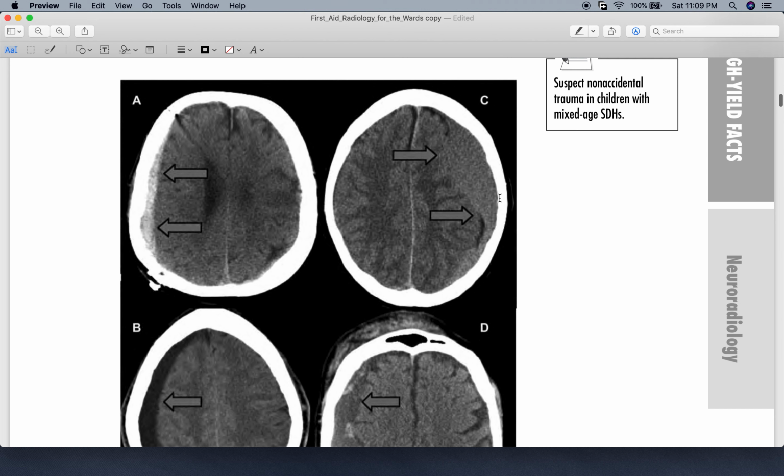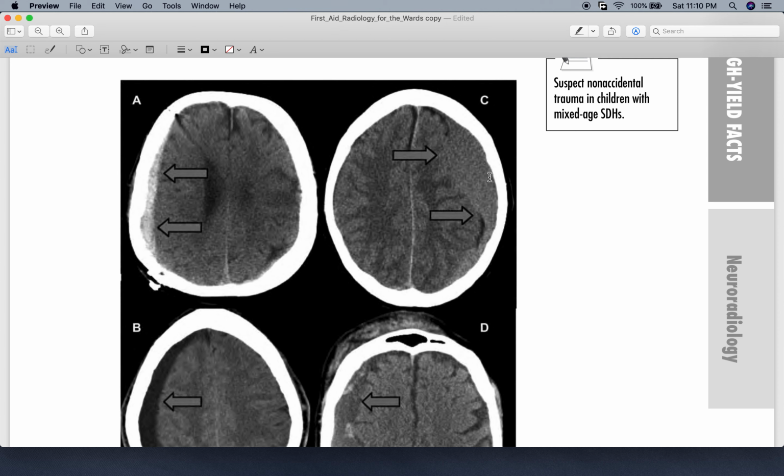On the left side of the photo, it looks normal, right? Because you see these sulci have a higher radiological density on the CT scan, which makes the sulci different from the other tissue, so you can see the difference here.